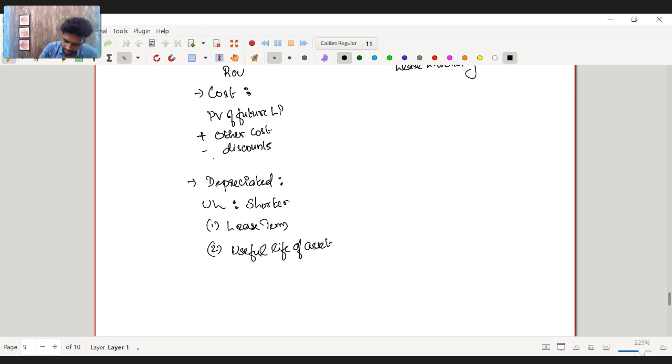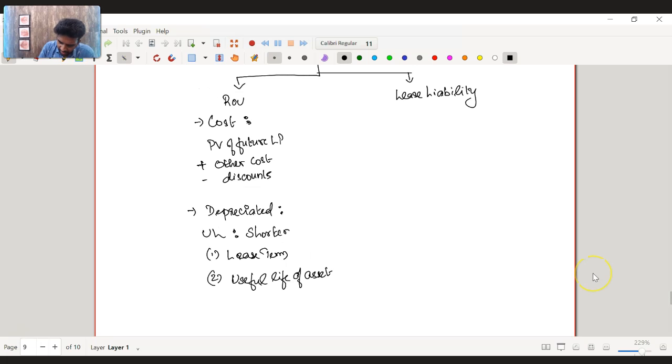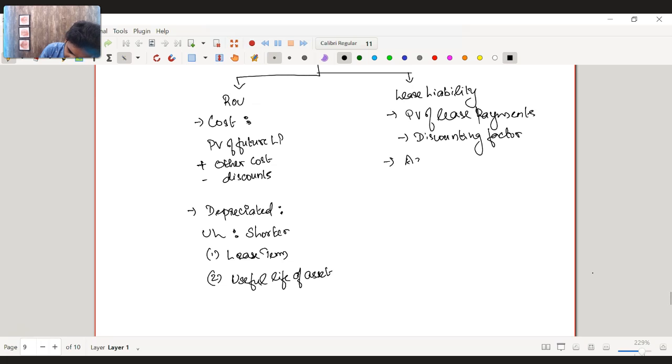Then when it comes to lease liability, you have to calculate the present value of lease payments, for which you will have a discounting factor. The lease payments could be either in advance or in arrears. Depending upon whether it is advance or arrears, the liability might change.